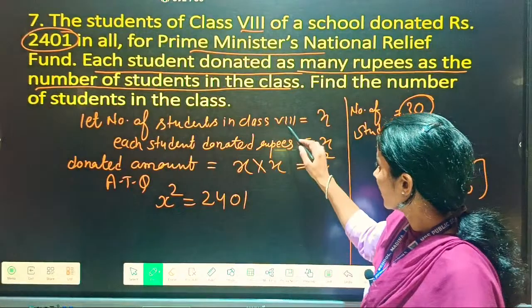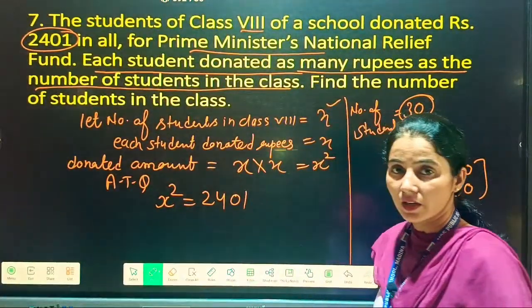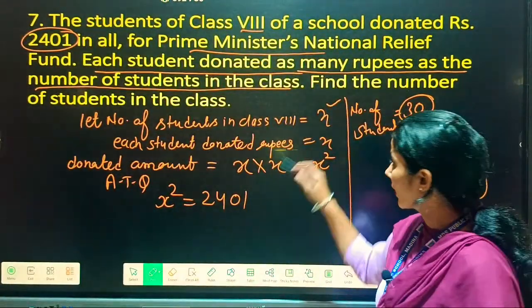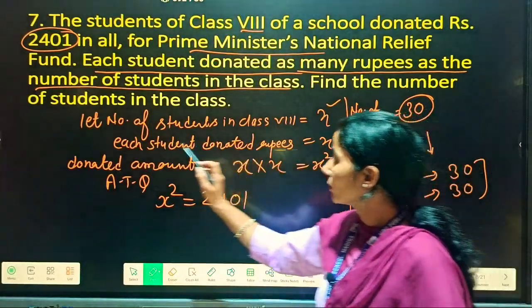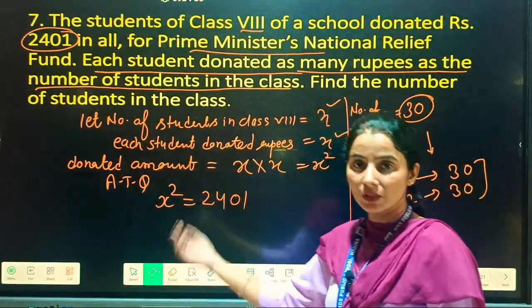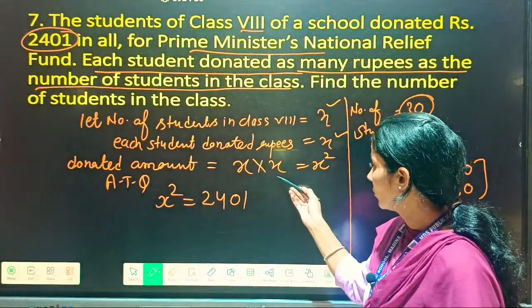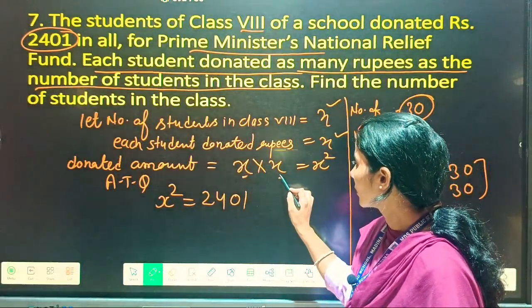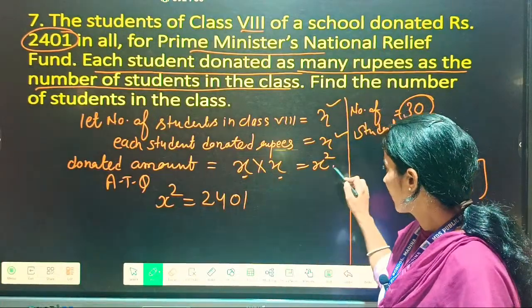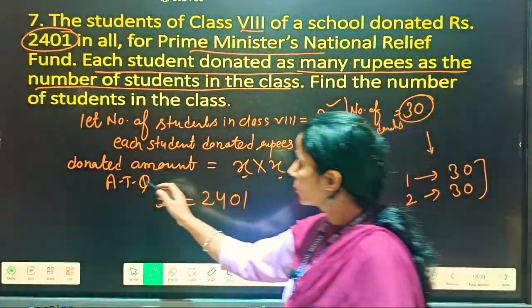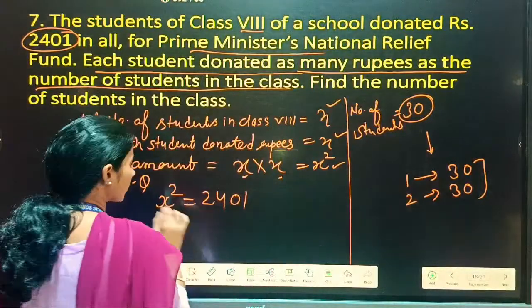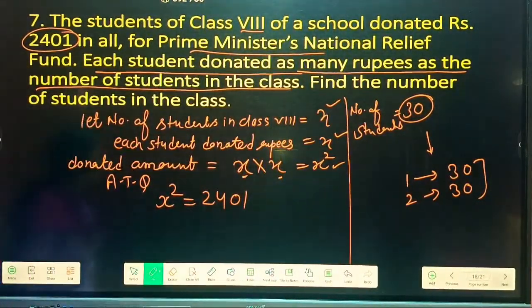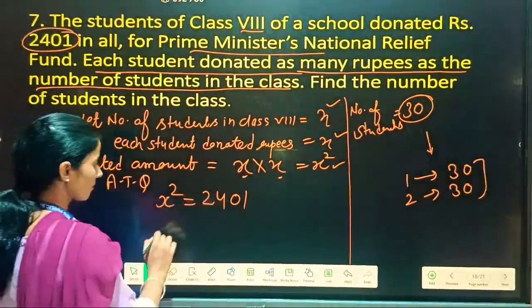This is the total amount class 8 donated for the Prime Minister Relief Fund. You consider the number of students in 8th class are X and each student is donating X rupees. Now, what will be your donated amount? Means total donation will be X into X, so it will be X square. But according to the question, the total donation is 2401. So how can we simplify this?